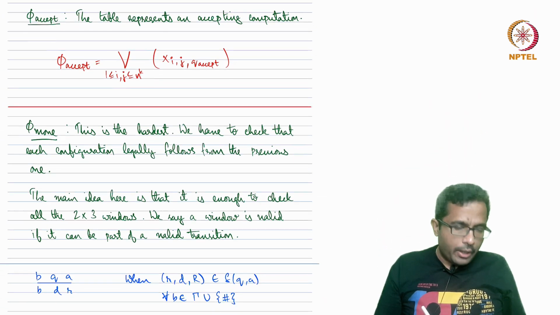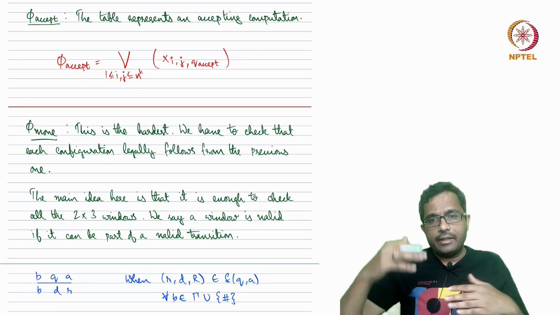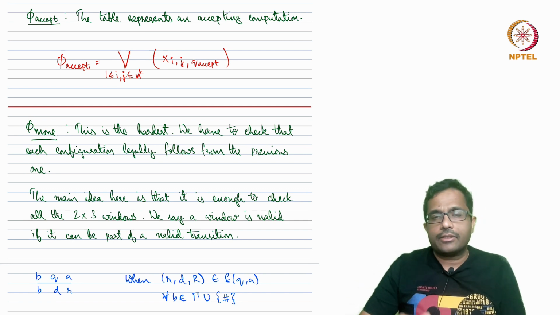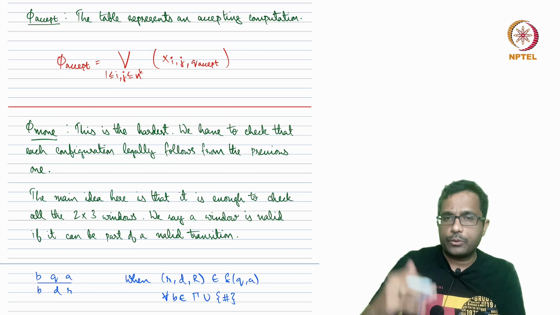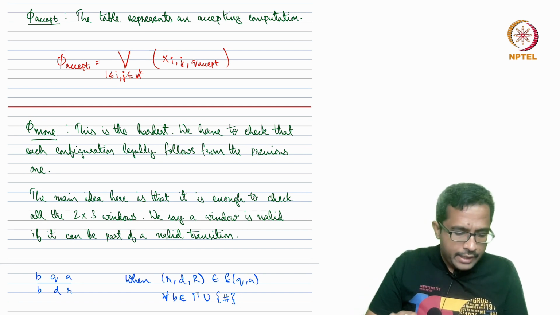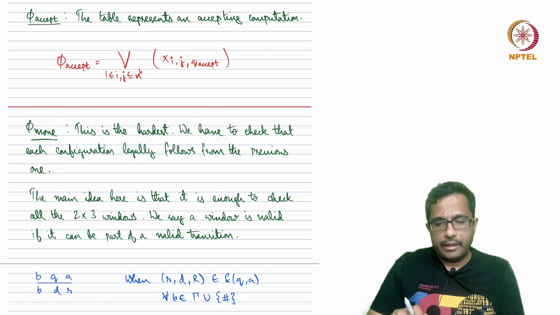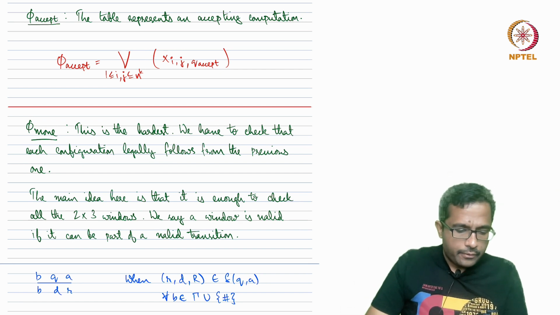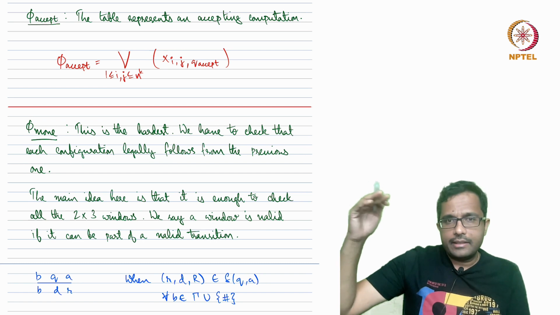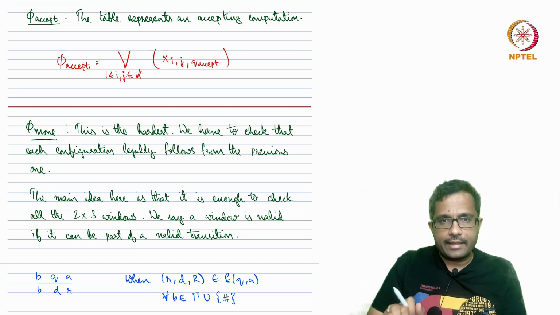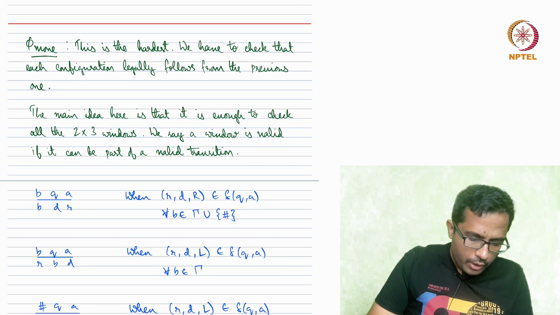We have to check whether the second configuration is a valid successor of the first, the third is a valid successor of the second, and so on. The main idea here is that Turing machine computation is a very local phenomenon, so instead of checking the entire configurations, we will do a local check.